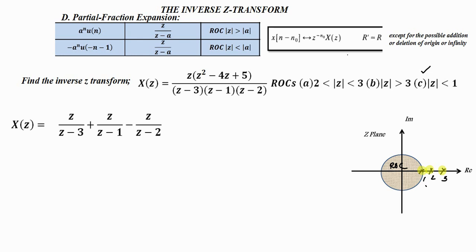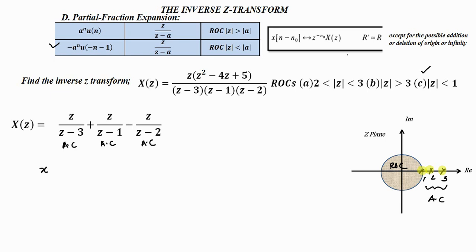So all these signals represent anti-causal signals. Anti-causal means we need to represent the signal in the time domain in anti-causal form.